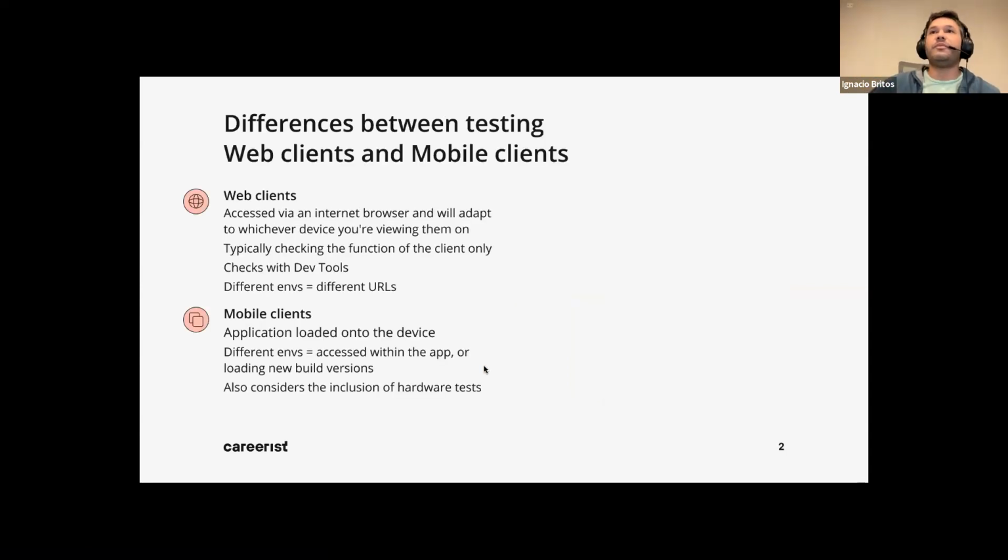So here are some differences between testing web clients and testing mobile clients, because there are some very important differences between them. The first difference is that every time you use a PC, a personal computer or a desktop computer, and you want to test something related to the web, you use a browser, right?